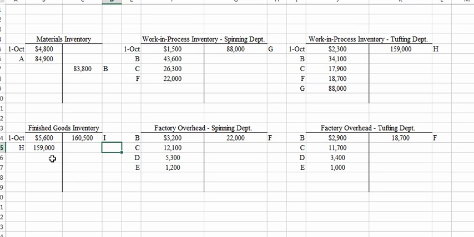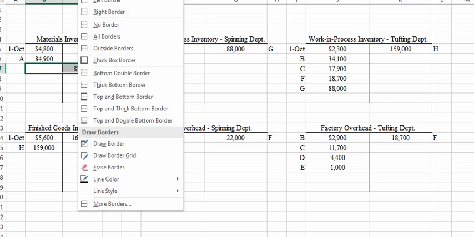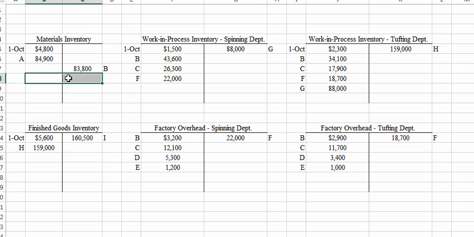Now, let's go through and get a balance for each account, you guys. What I like to do is total both the debit side and the credit side, and then get a balance on the side that's larger.